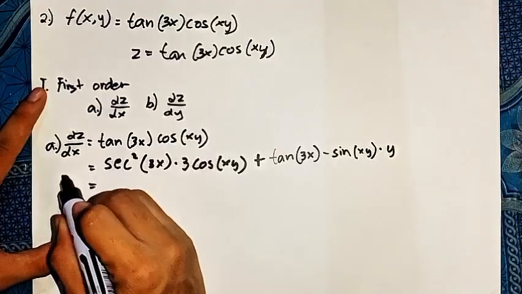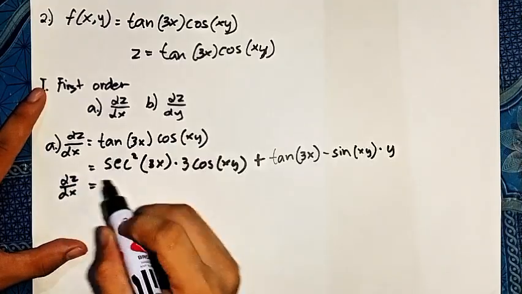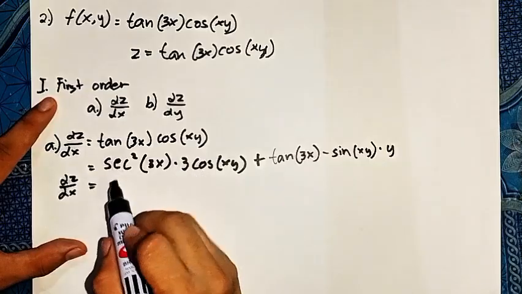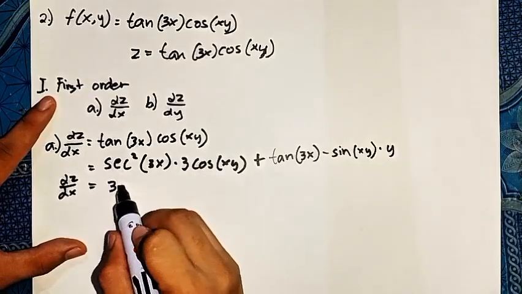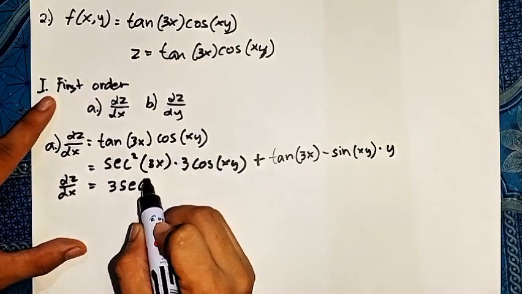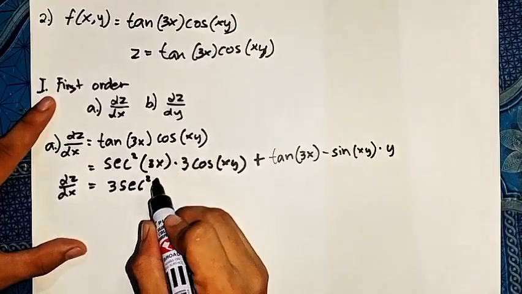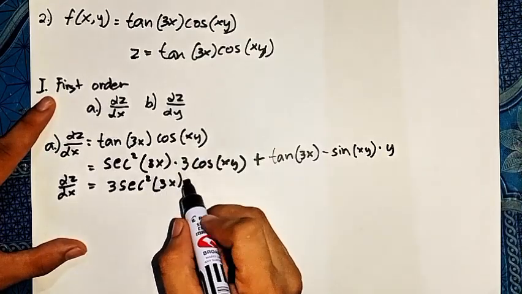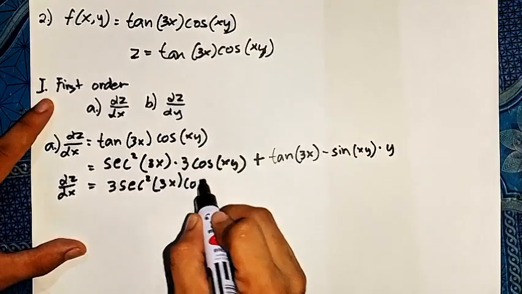Meaning partial z with respect to x is secant squared 3x times 3 cosine xy. We have 3 secant squared 3x cosine xy.